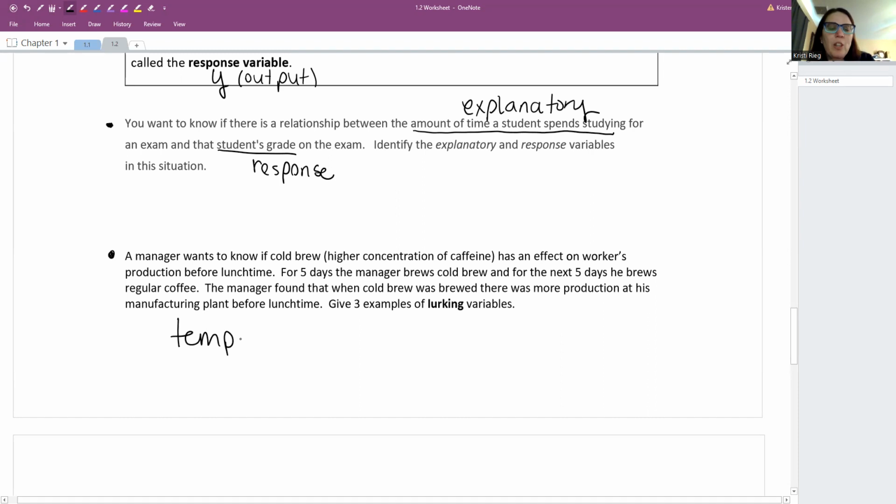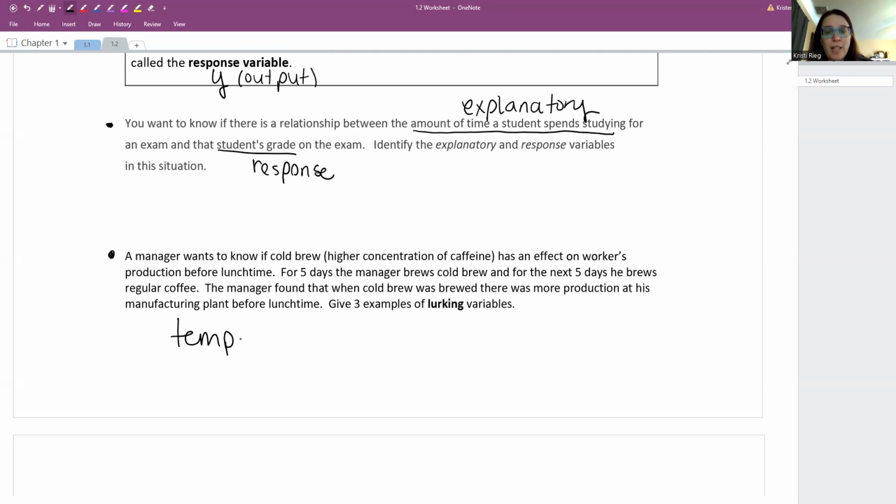The temperature could be affecting this, because when it's hot outside, think summer in the Central Valley, what are you drinking? Do you want to sit there and drink a hot coffee, or do you want to drink a cold coffee? In which case, maybe people are only drinking cold brew coffee.